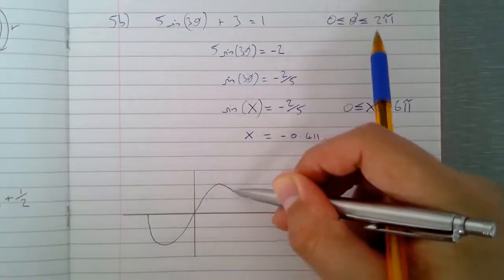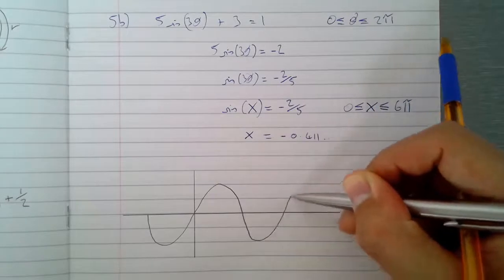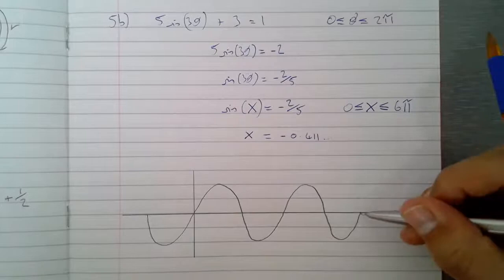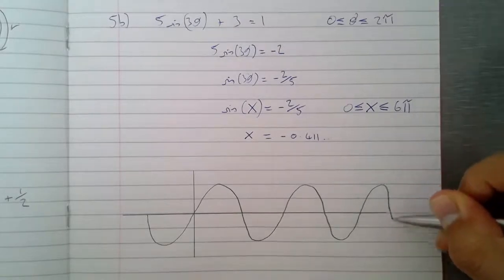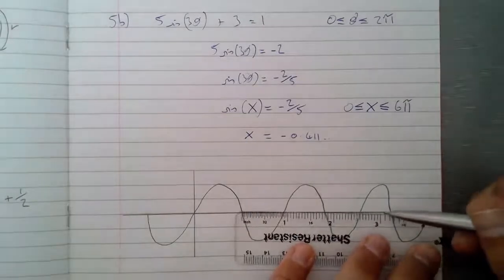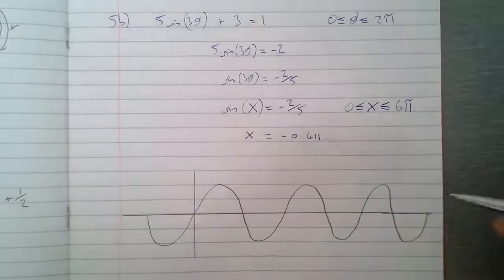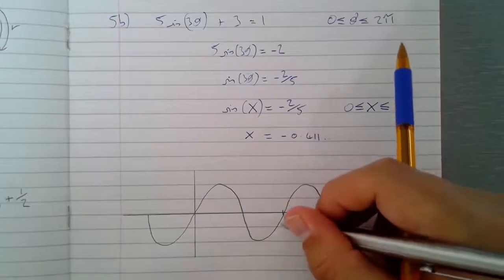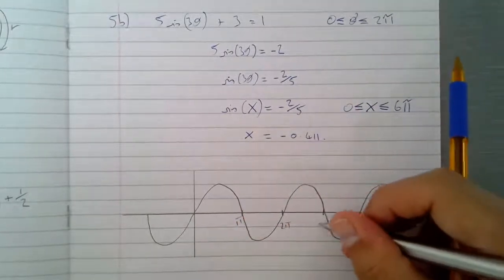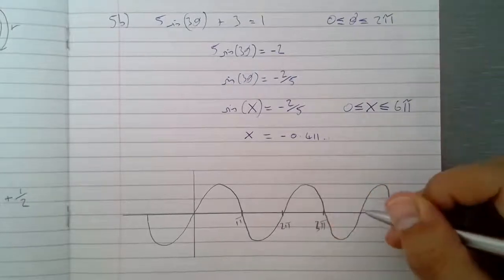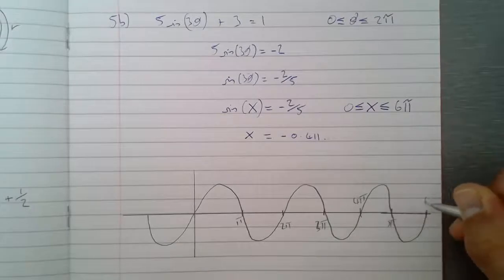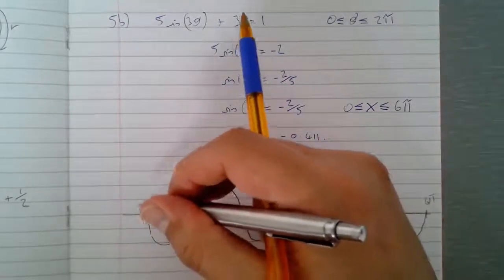And then that's 2 pi, 4 pi, this is getting worse, and then 6 pi. Okay, so sorry about that getting worse as it went on. So that's pi, 2 pi, 3 pi, 4 pi, 5 pi, 6 pi, and this is a minus pi.